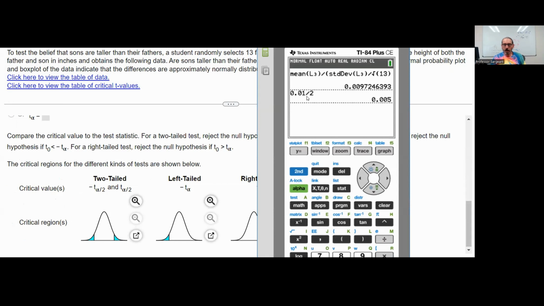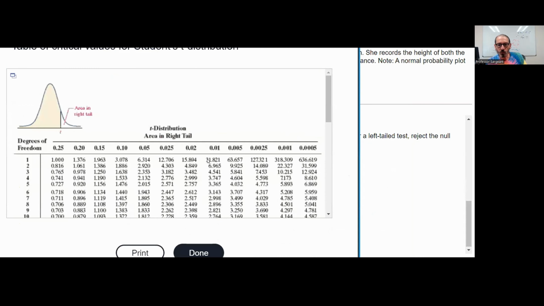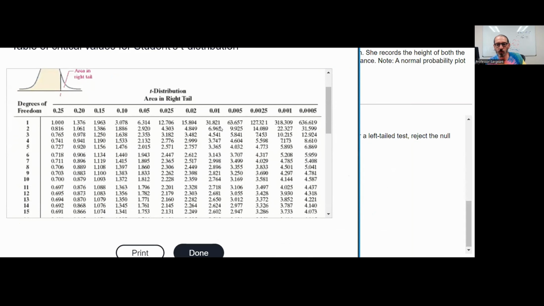That's only if we had a two-tail test, or if we were talking about a confidence interval with the plus or minus, that's two-sided. 12 degrees of freedom, look under the 0.01 as it was, not alpha over 2 with 0.005, but just alpha, 0.01.